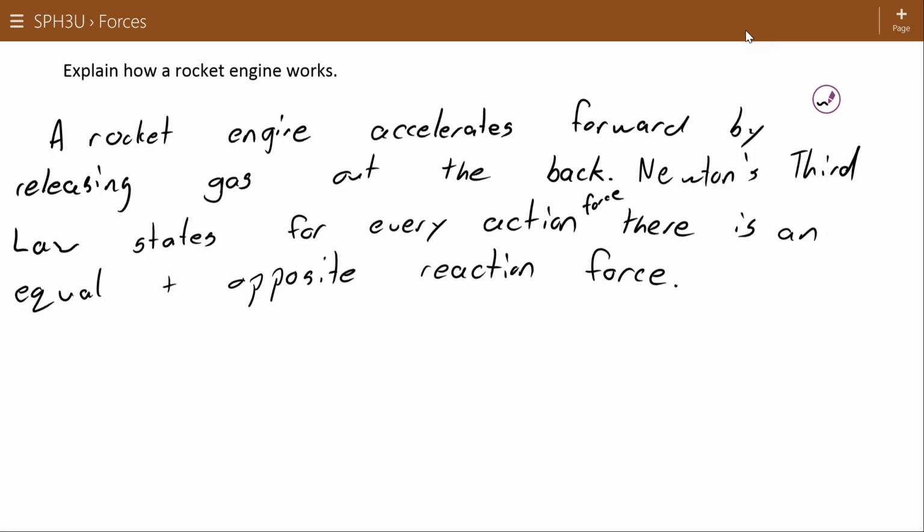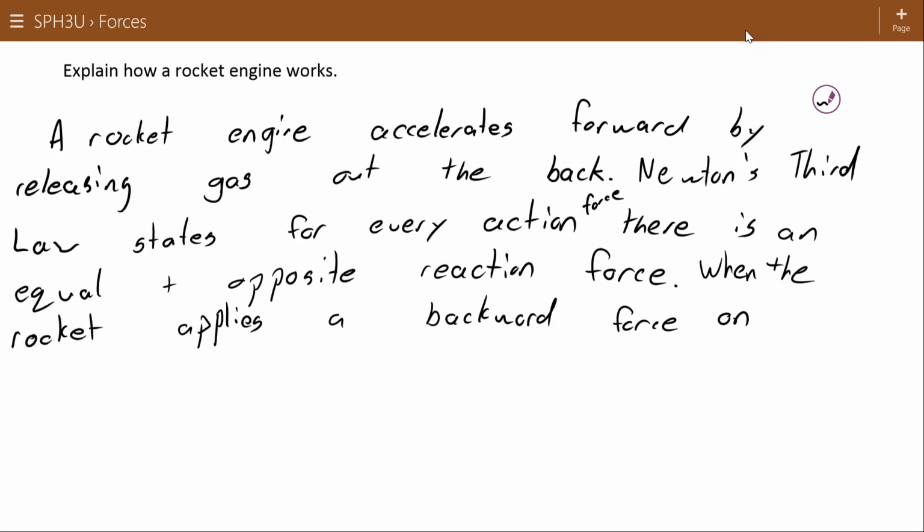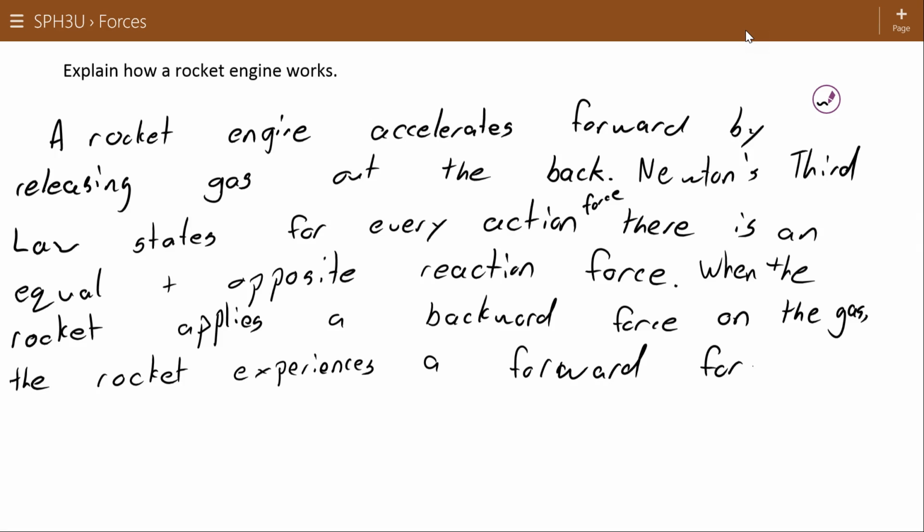So what that means is when the rocket applies a backward force on the gas, the rocket experiences a forward force that is the reaction force to the applied force on the gas.